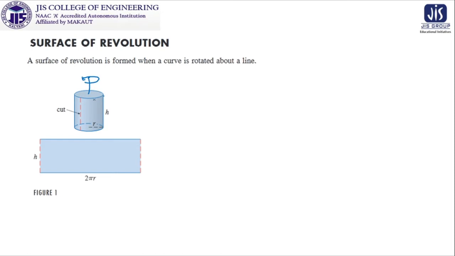Now this structure has a surface at these particular positions. It is the outer one, and if you look at the backward position, this one. Now how do we find the surface area? We cut it here, then we flatten this particular circular surface and we get this. It is very clear that we can get this one.